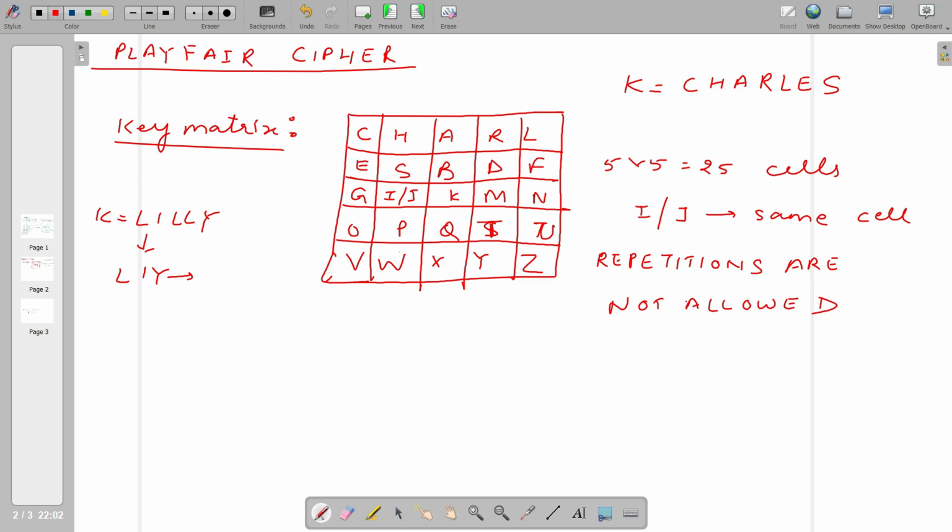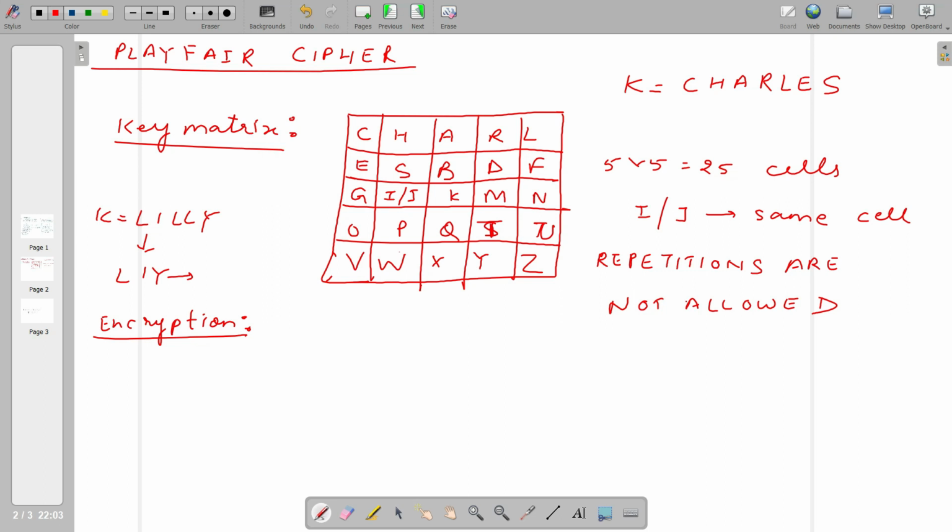Now how do we encrypt using this key matrix? That is a trick. Let's say how we are going to do encryption. What we do is divide the complete plain text into groups of 2 letters.